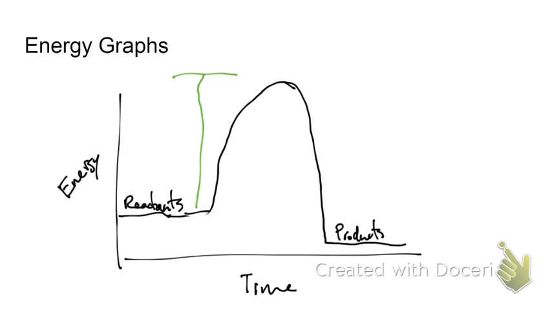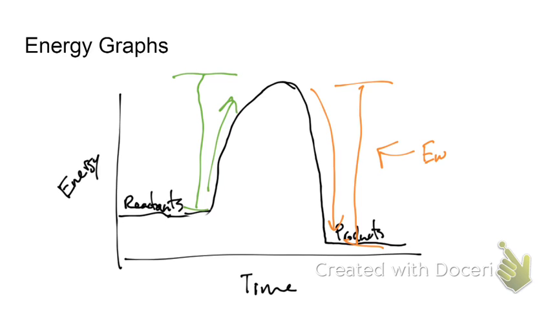The amount of energy that we got out was between here and here. Kind of like a roller coaster. You put this amount in, and you got this amount out. So the amount of energy taken out is greater. This is the energy produced.